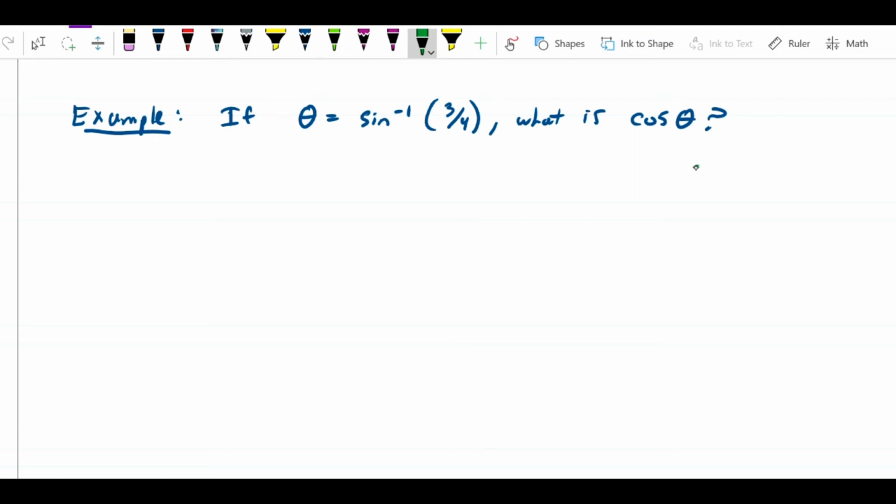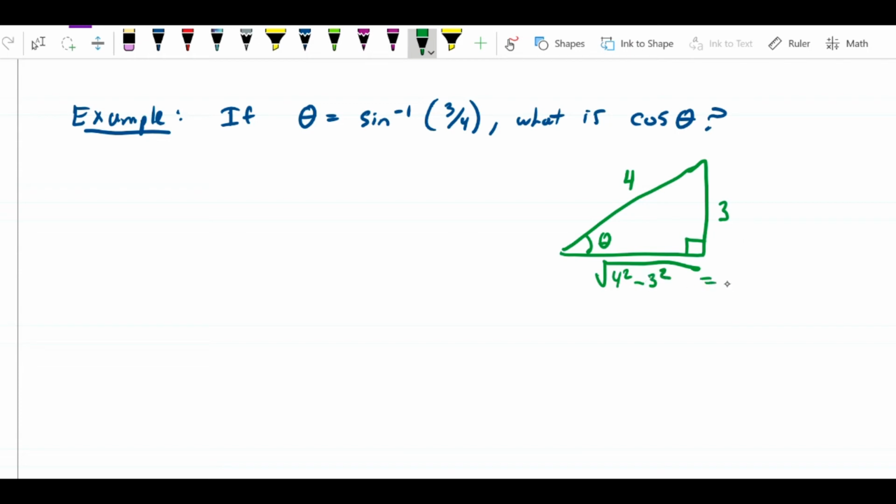The way we did that was we said if theta is equal to the arcsine of 3/4, then that means that there must be some triangle where the ratio of the opposite to the hypotenuse is 3/4, and that means that this third side, by the Pythagorean theorem, is going to be the square root of 4 squared minus 3 squared.